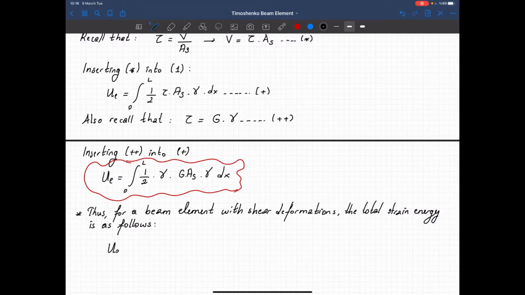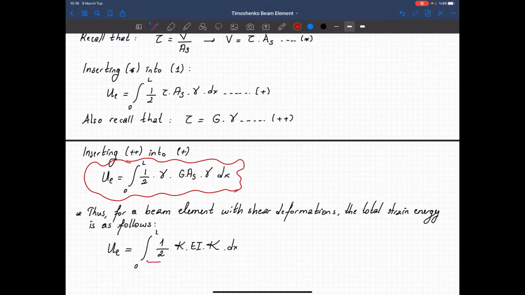So internal strain energy is equal to, from 0 to L, 1 over 2 curvature multiplied by EI multiplied by curvature dx.